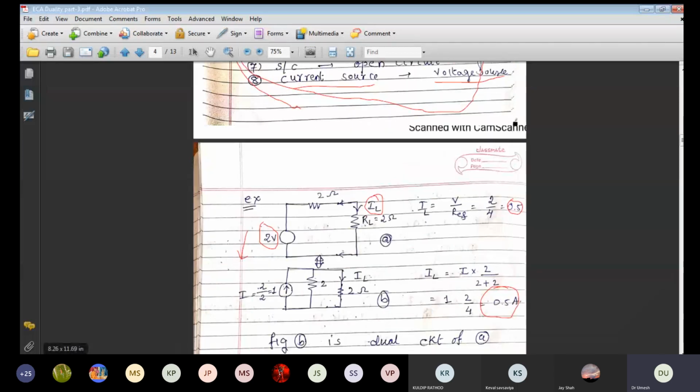Okay, as far as this dual is concerned, there are a number of examples also, and I want to give one tutorial based on this dual network, right.